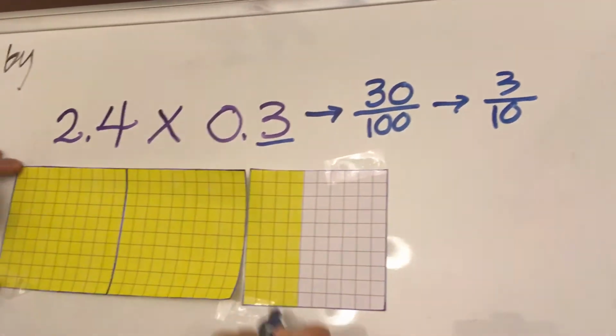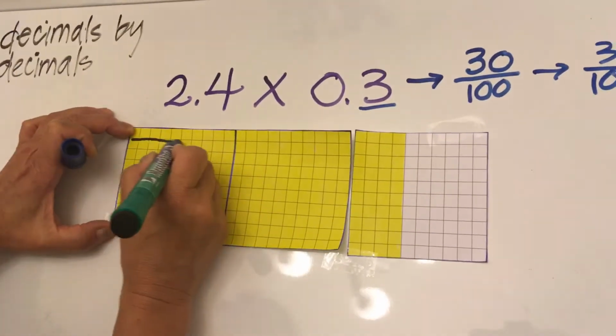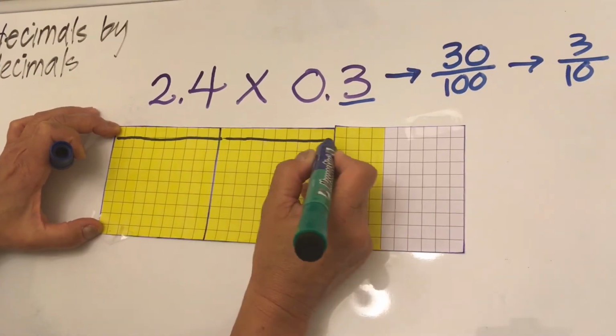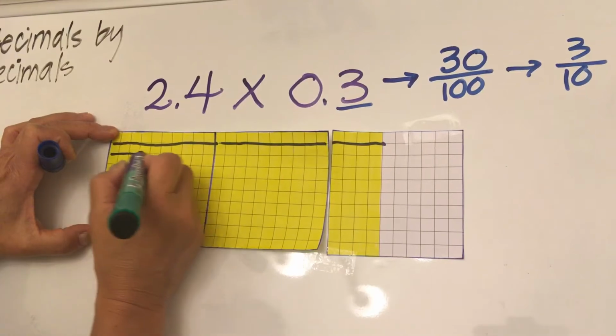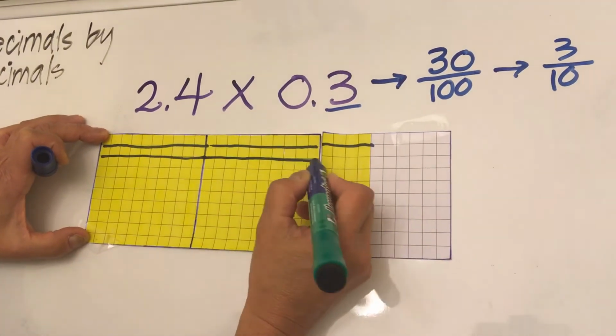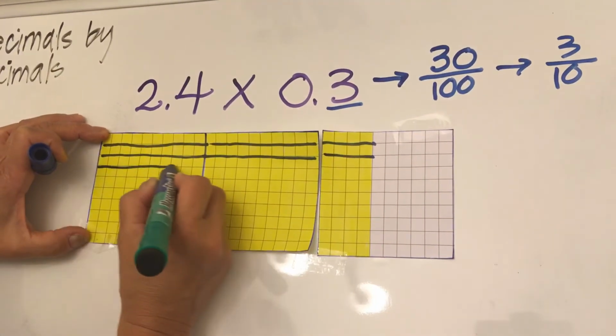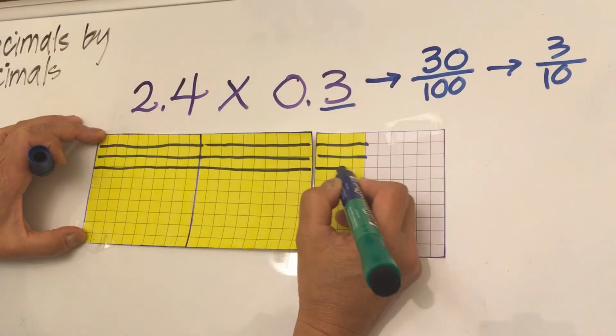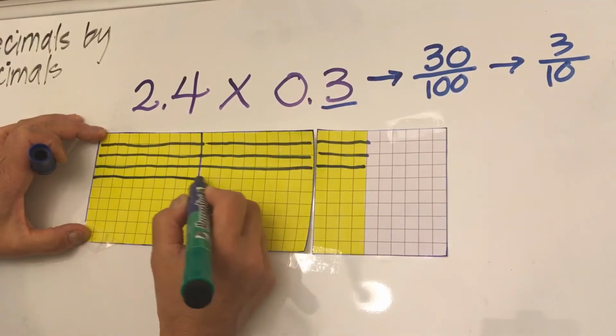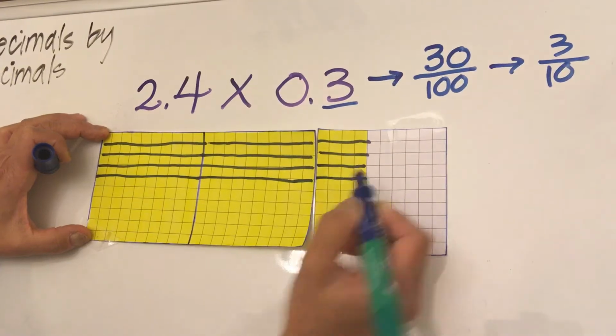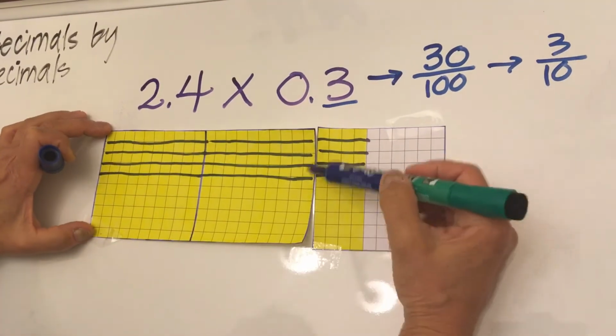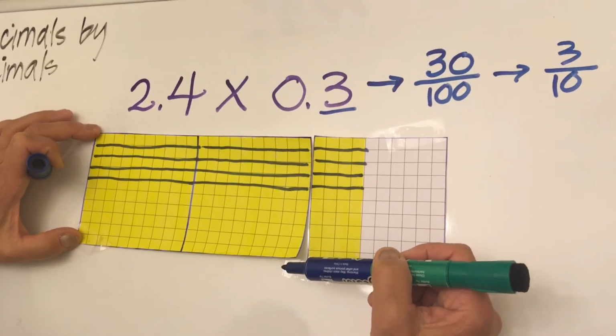So that means my whole thing, I have to divide that into 10 equal parts. So there's 1 part, 2 parts, 3 parts, all the way through here, 4. I'm not going to draw all of it, but we go all the way down here and we complete our whole.